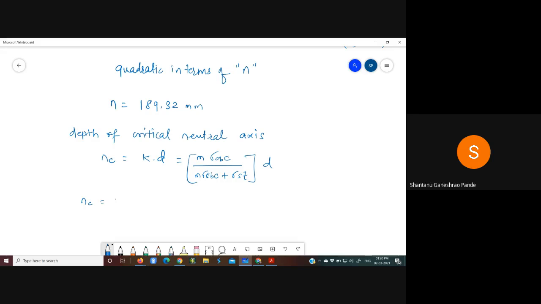So NC will be 13.33 into 7 divided by 13.33 into 7 plus sigma ST, which is 230, and the D value is 500. So this comes out to be around 144.398. Just check what value you are getting. 145. Okay, fine.